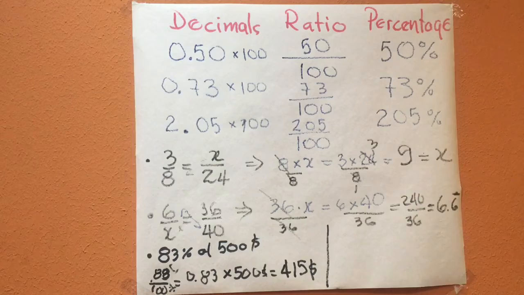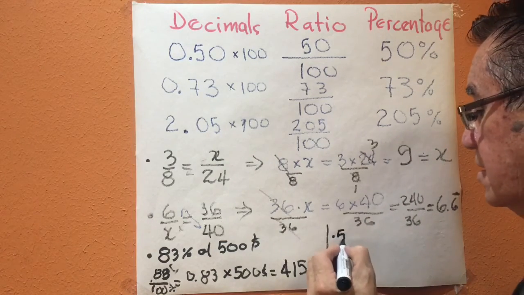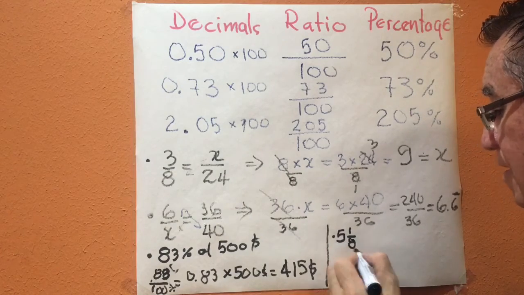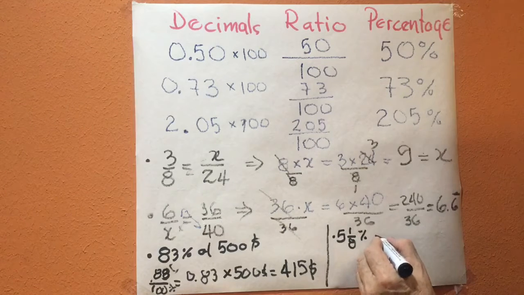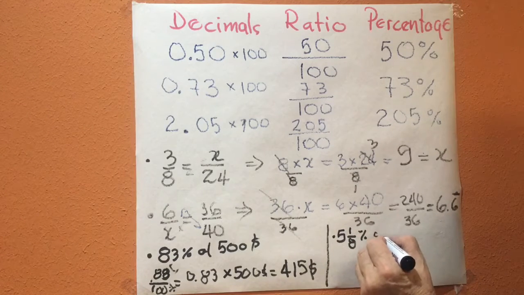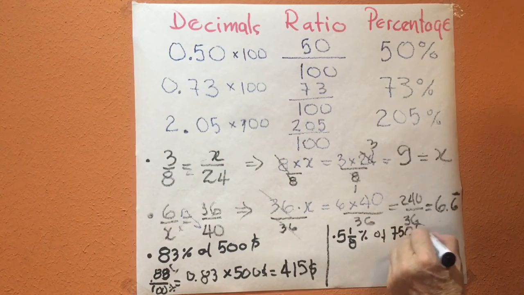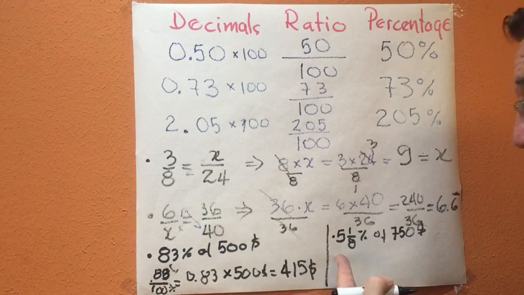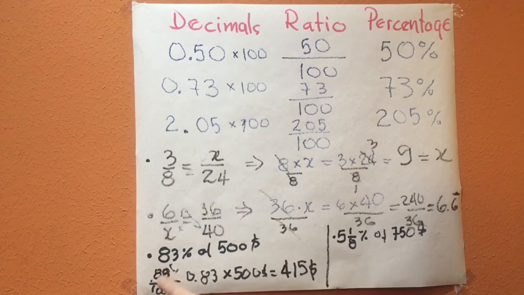What happens if my percentage is with a fraction? All right? And I want to know how much is this percentage of, let's see, $750. Okay? Well, I have to change this into a fraction and finally divide by 100.